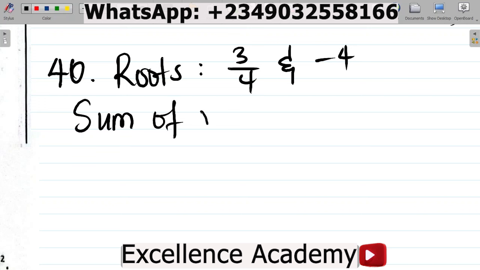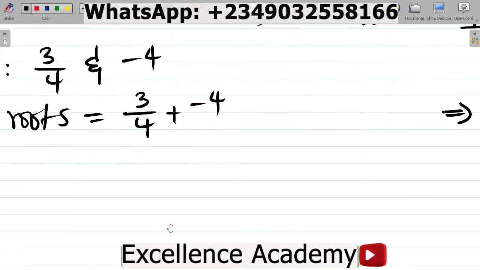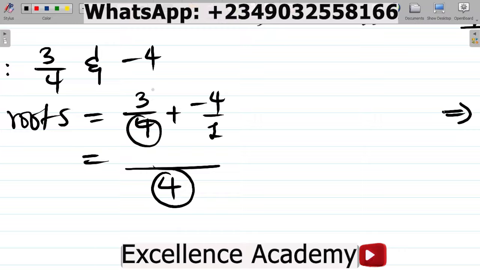The first thing you have to do is to take the sum of roots. Sum of roots is equal to 3 over 4 plus minus 4. Let me sum them. The LCM here is 4, because this is over 1. So 4 divided by 4 is 1, and 1 times 3 is 3.